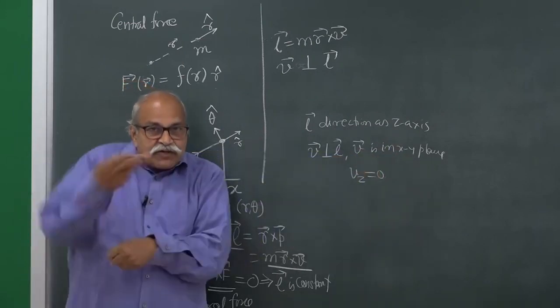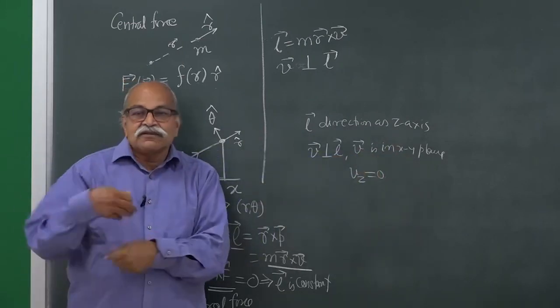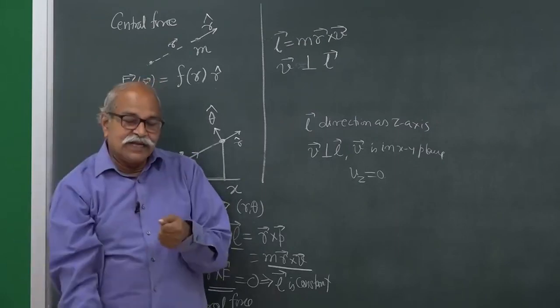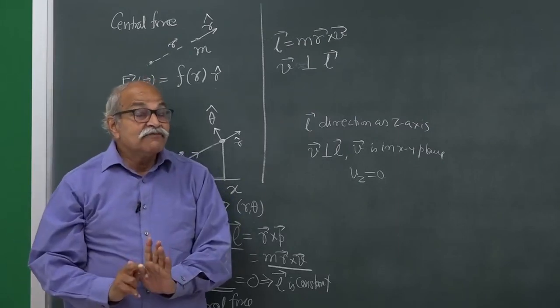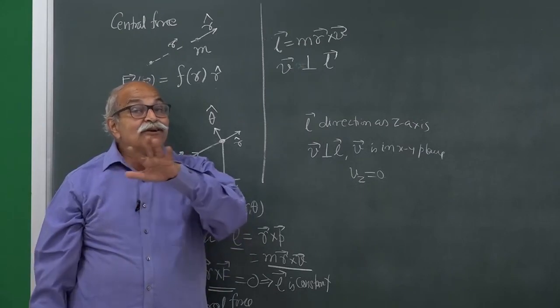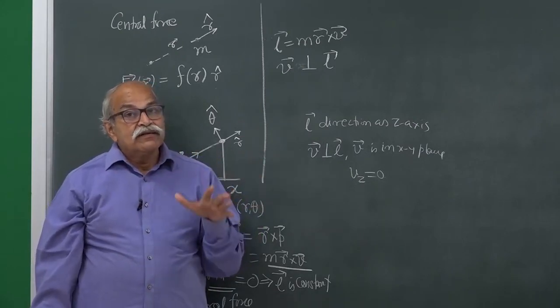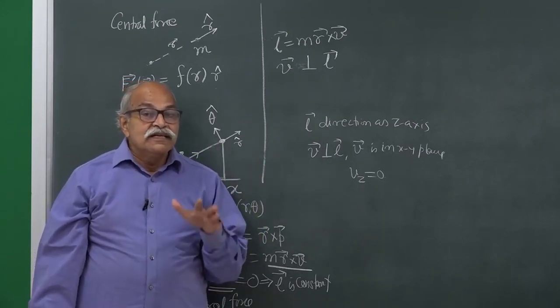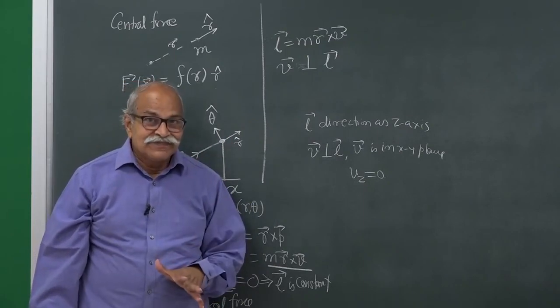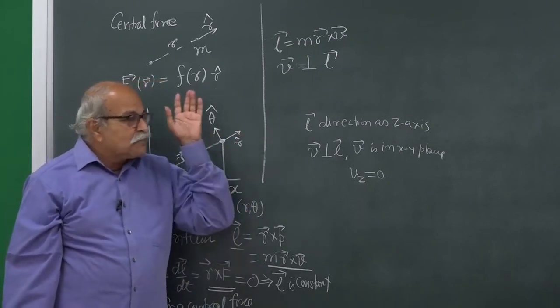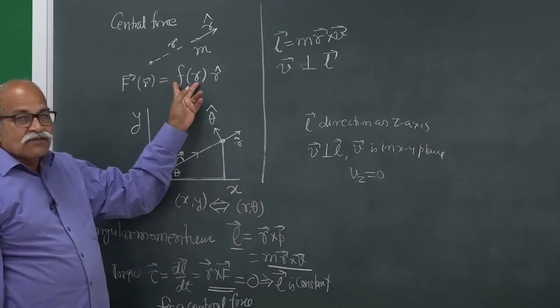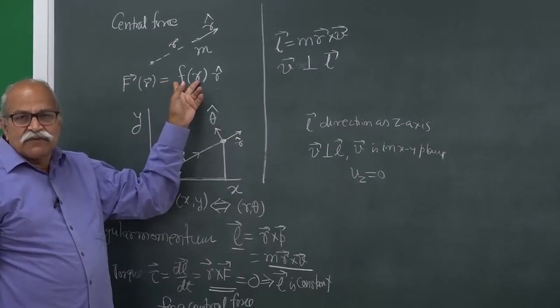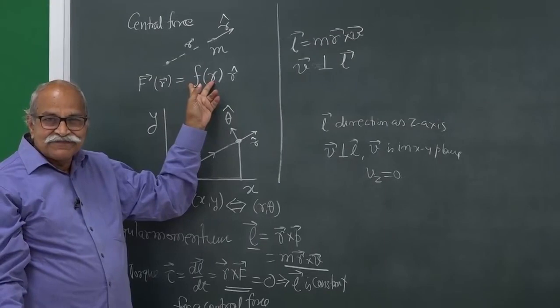So, how you start, in this direction or that direction, will decide finally the plane of motion, and the particle must move in a plane. It does not matter what this function is, 1 by r square, 1 by r cube, whatever.